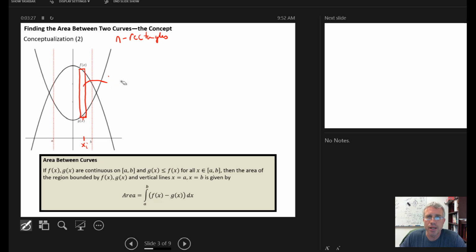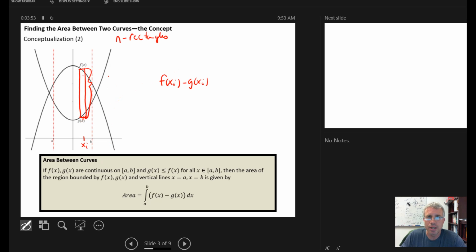And what we would want to recognize then is that if we wanted to calculate the area of just the ith rectangle, we would need to know this distance, and that distance would just be the upper function minus the lower function. So I could say, I'm going to take f and evaluate it at x sub i, and subtract from that g evaluated at x sub i, and that will give me the height of that rectangle.